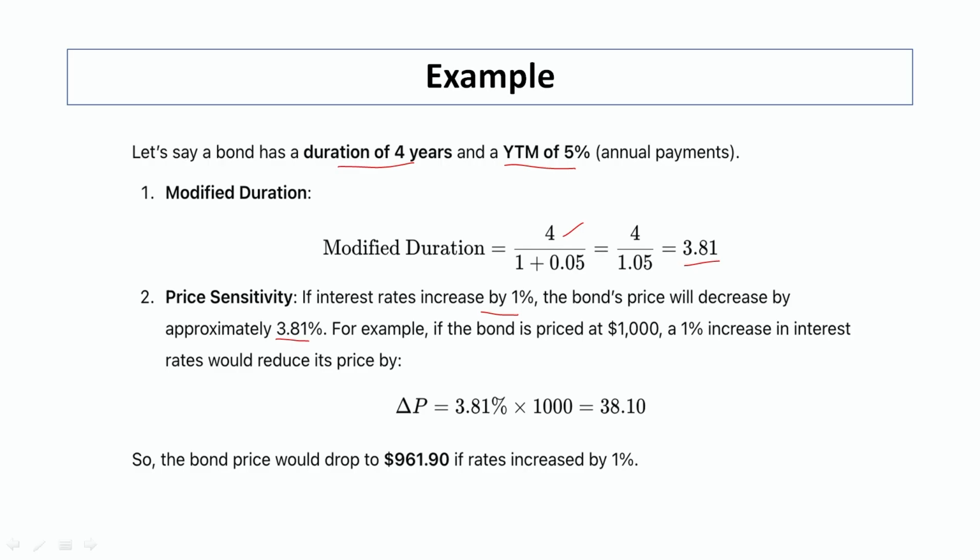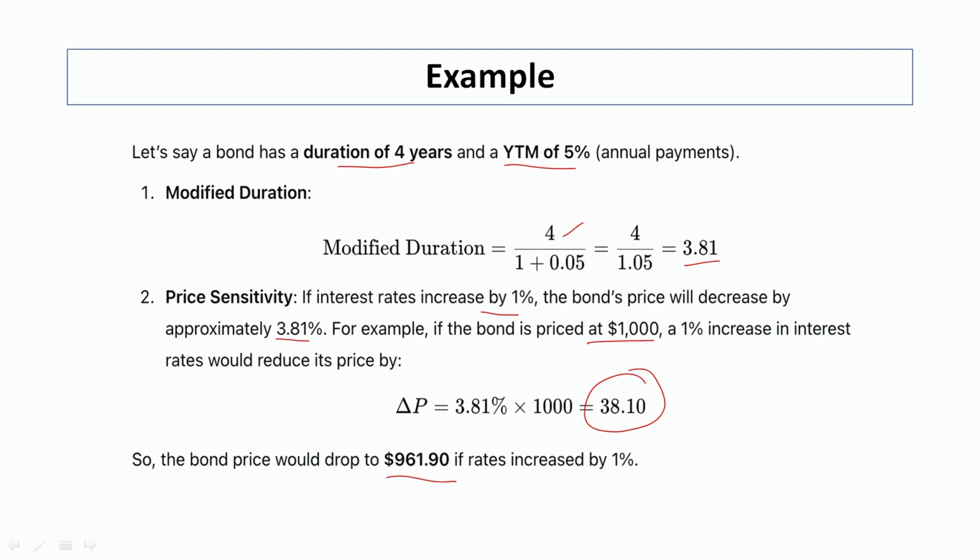If there is an increase of 1%, there will be a decrease in bond price by 3.81%. So, if the bond price is 1000, we are going to decrease it by 38.10. So, it will drop to 961.90 if the rate increases by 1%.